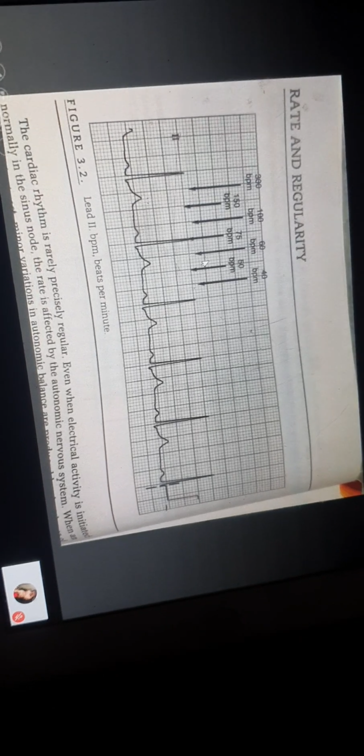And if we are counting the small squares, then we have to divide 1500. So suppose the gap between the two RR complexes is 10 small squares, then the rate will be 1500 divided by 10, equal to 150. So this is how the cardiac rate is calculated.